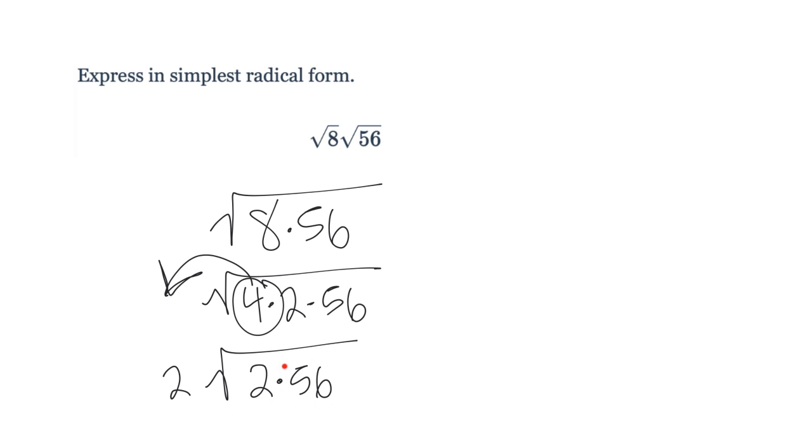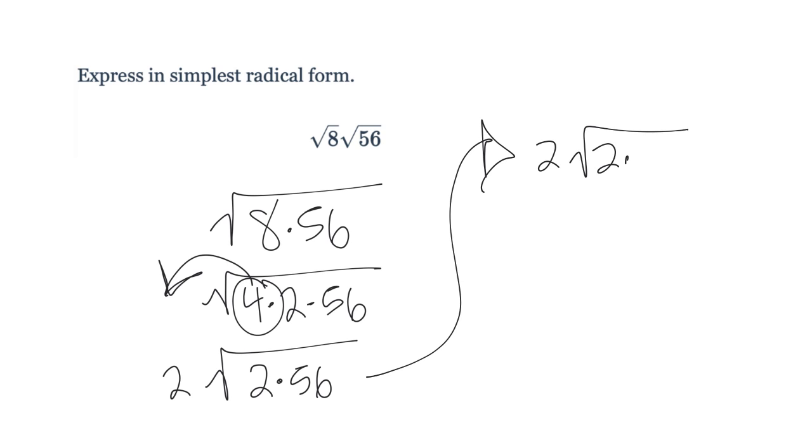So if I break the 56 into 2 times something, then that will actually give me another hidden square here that I can pull to the outside. So 56 I know is going to be equal to 2 times 28. So I'm going to rewrite it as, instead of 56, 2 times 28.